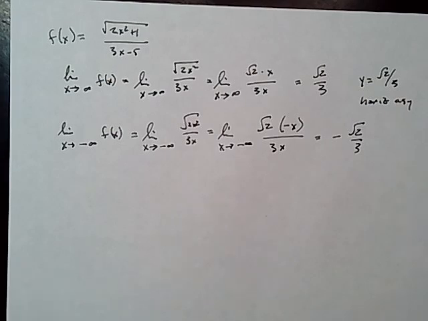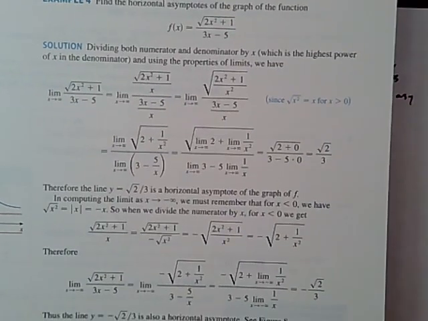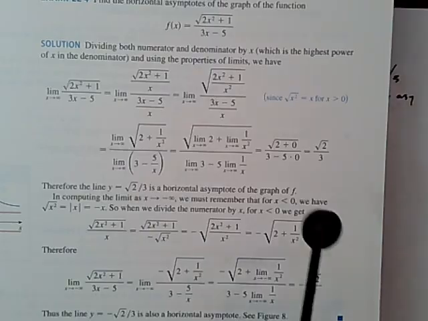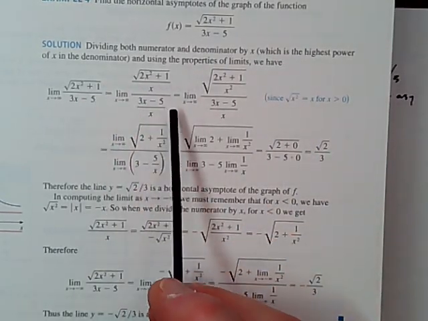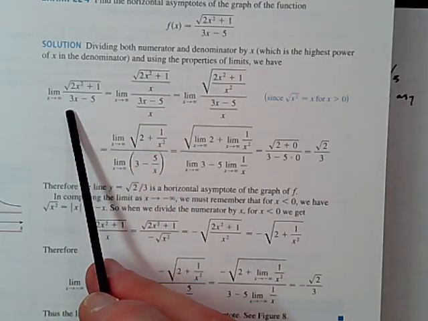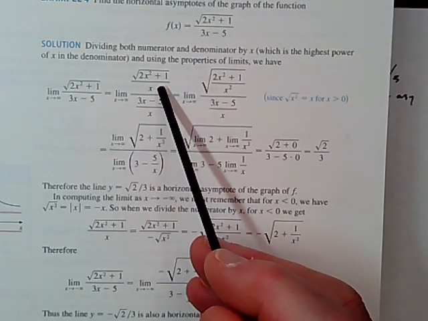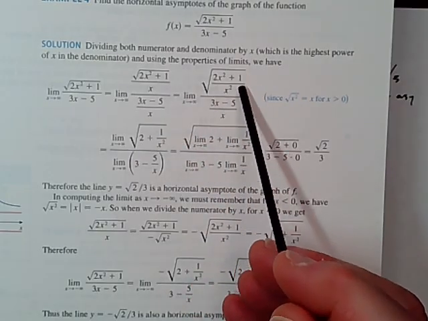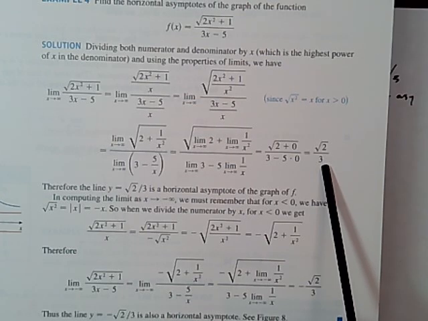Now in the book, he gives a perfectly reasonable justification, but different than what I did. When I talk about paying attention only to the leading term, he justifies that through an algebraic manipulation. He takes the square root of 2x squared plus 1 over 3x minus 5, and he divides top and bottom by x, and x is going to infinity, so you don't have to worry about x equals 0. Then he algebraically rewrites that, and he ends up with a calculation that gives him the same square root of 2 over 3.